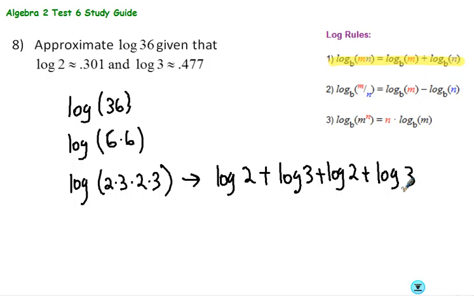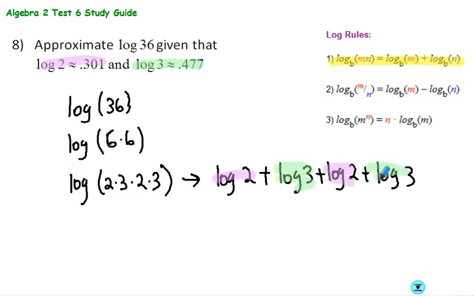Now I can start making some substitutions. I know that log 2 is 0.301, because they told me that. And they told me that log 3 is 0.477.